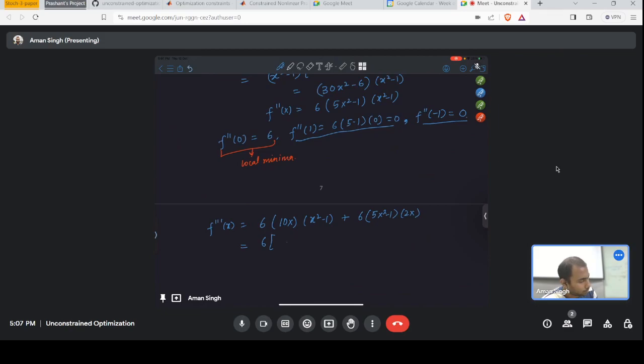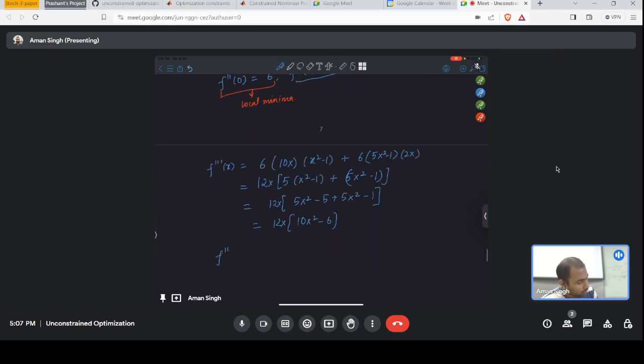I'll take 12x common, and here it will be 5(x square minus 1) plus (5x square minus 1), which is 5x square minus 5 plus 5x square minus 1, so 10x square minus 6, times 12x.